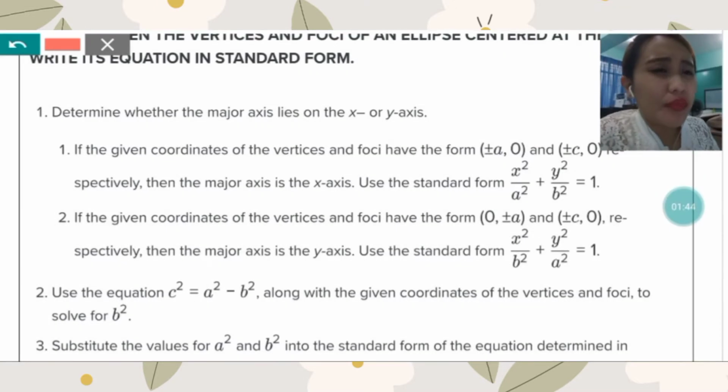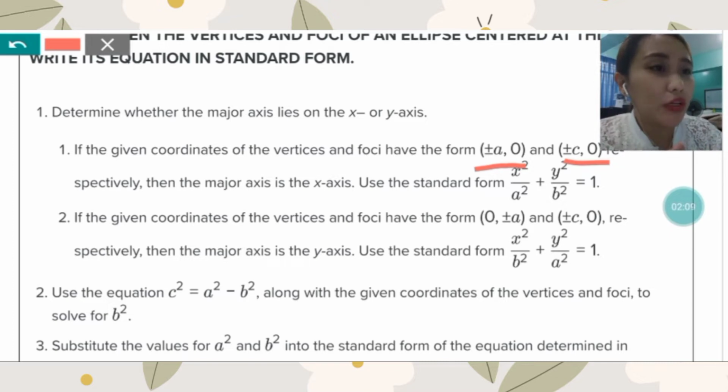If you're given the vertices, meaning the endpoints of the major axis, as positive negative a, 0, and if you are given the foci positive negative c, 0, that's an indication that the graph, your ellipse, is horizontal.